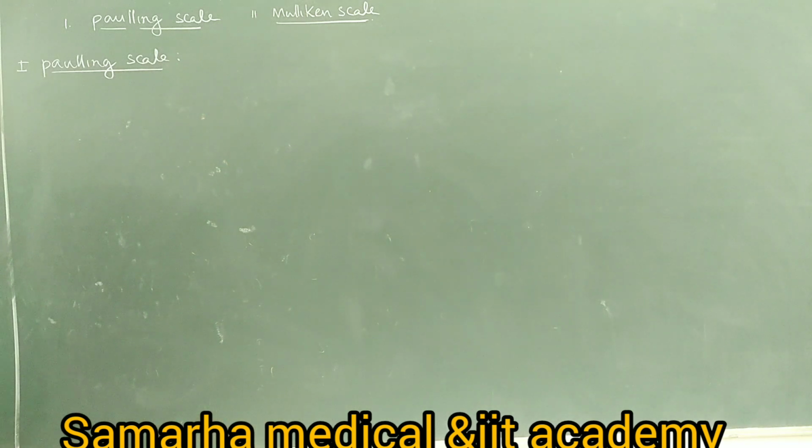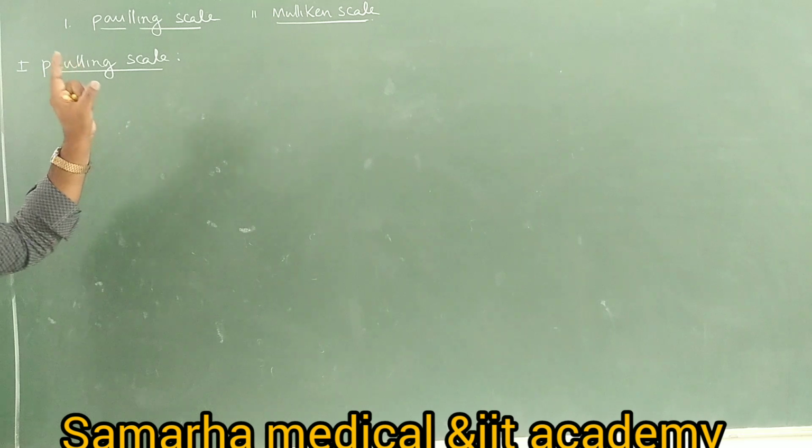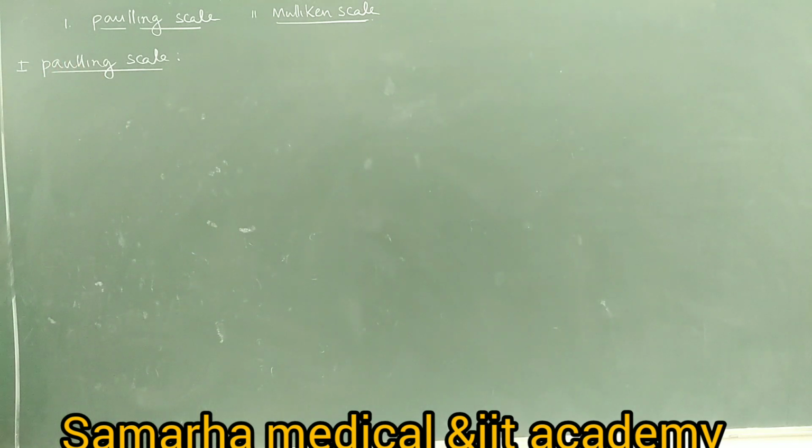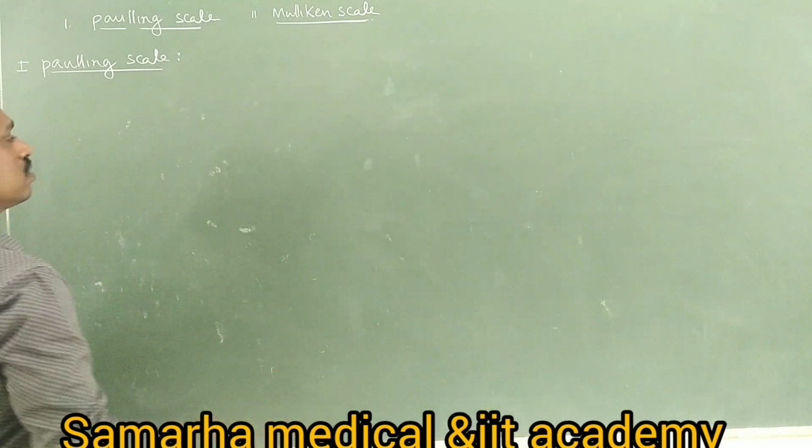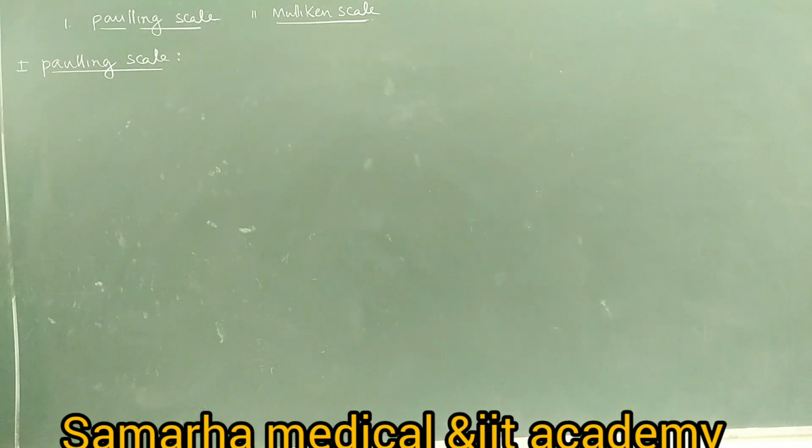Right, this Pauling scale is based on bond energies. Pauling calculated the electronegativities of elements based on bond energies. And to calculate the electronegativities, Pauling has taken hydrogen as the standard element, its electronegativity is 2.1, right? So write down: Pauling scale.